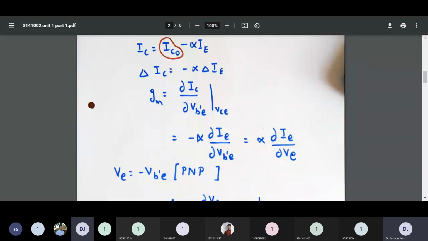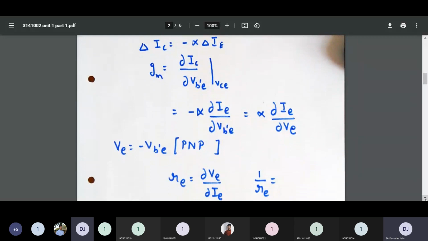We have done various numericals based on this as well as to calculate various parameters for input resistance, output resistance, due to negative feedback, due to positive feedback, etc. That I am not going to repeat again because we have already studied it in unit number 3.